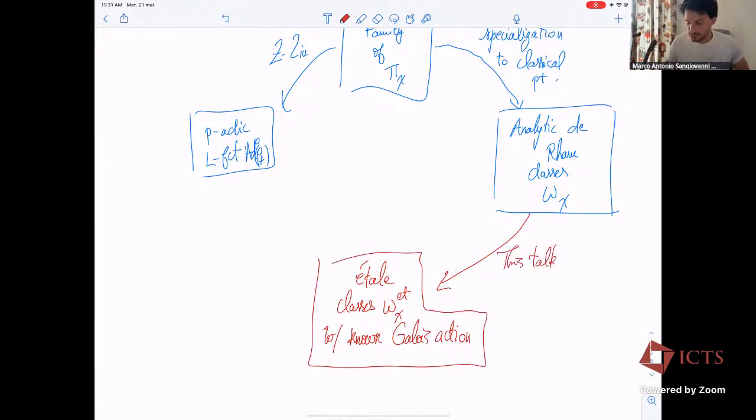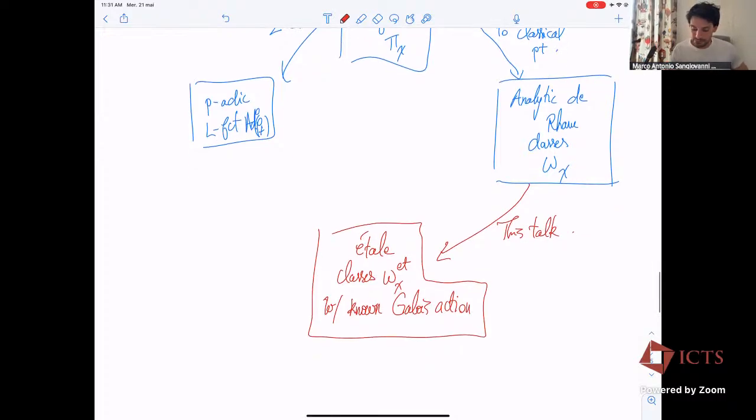Okay, so we've done the first step, which is rather simple. There is no secret.